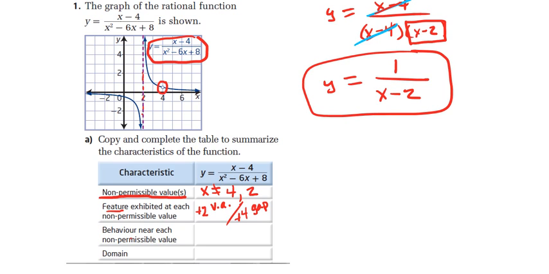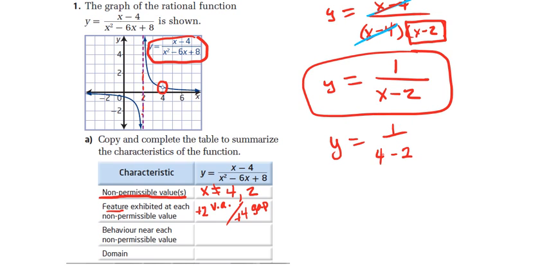So behavior near the non-permissible value, okay, so with this one, you might want to test out values like I said. If you can see the graph, you can see what x is. If you put x equals 4 into the simplified version, you're going to get, and again, this is a calculus thing, so we're getting into kind of calculus ideas here.